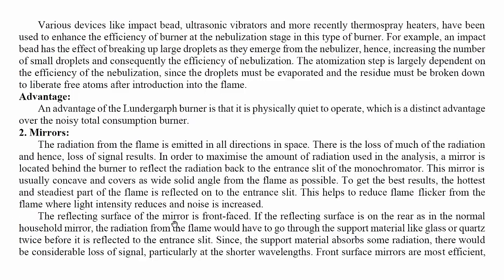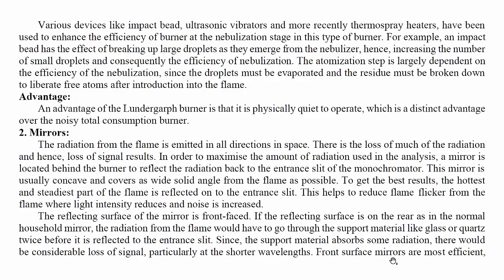The reflecting surface of the mirror is front-faced. If the reflecting surface is on the rear, as in a normal household mirror, the radiation from the flame would have to go through the support material like glass or quartz twice before it is reflected to the entrance slit. Since the support material absorbs some radiation, there would be considerable loss of signal, particularly at the shorter wavelengths.